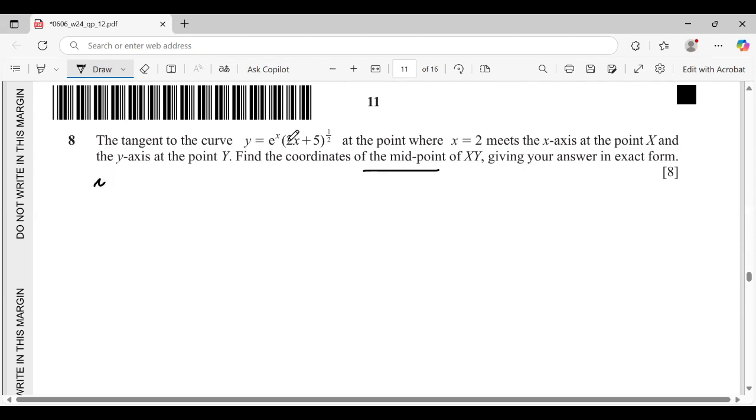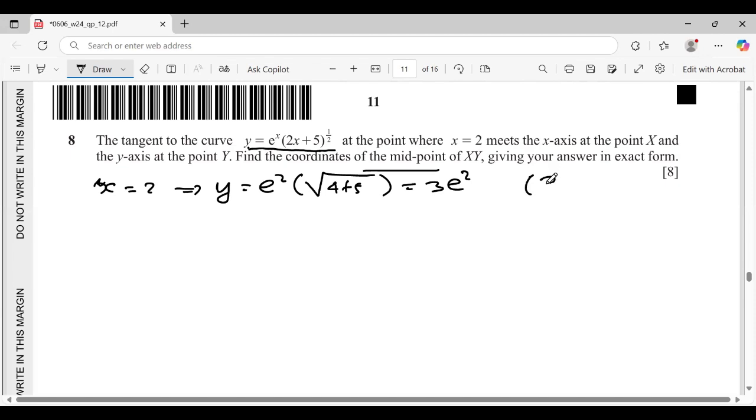Okay, y equals this one, and when x equals 2, substitute x into here: e squared times the square root of 4 plus 5, which is 9, so 3e squared. So this is y when x equals 2. So the coordinate point becomes (2, 3e squared).